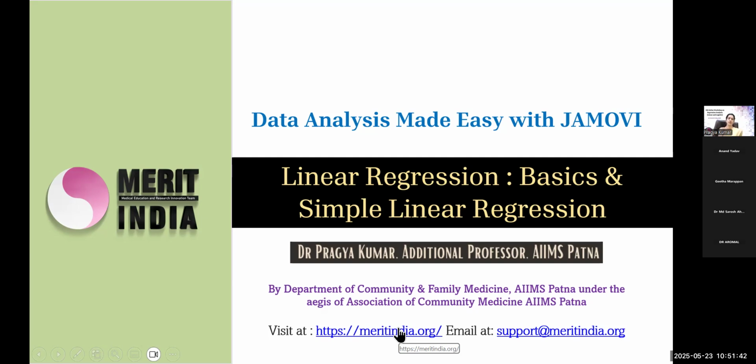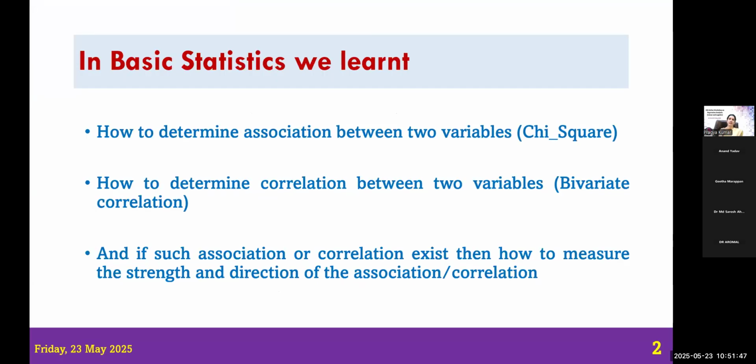So coming to linear regression, in basic statistics we have learned how to measure the association between two categorical variables, and we have seen the chi-square: the chi-square test of independence, the chi-square test of homogeneity, and the chi-square goodness of fit. In all those chi-square tests, it was a categorical variable.